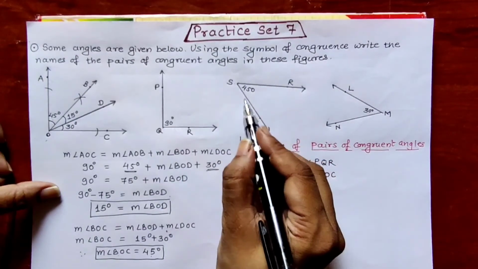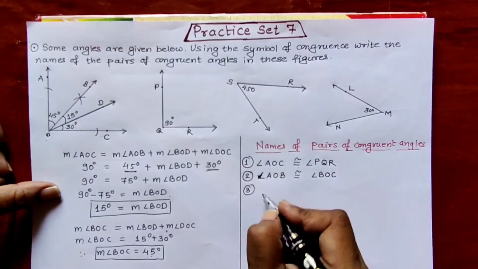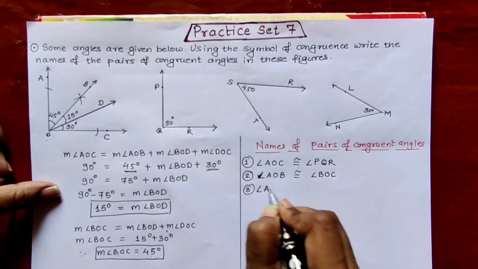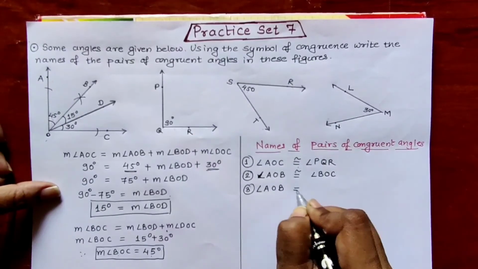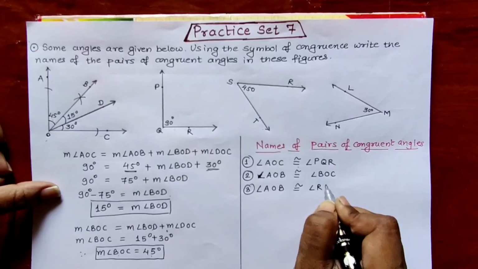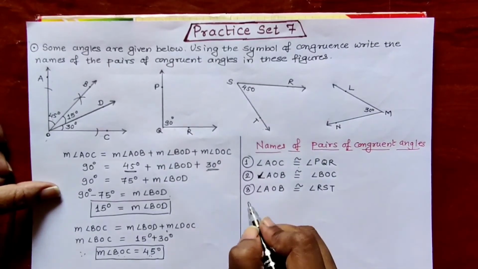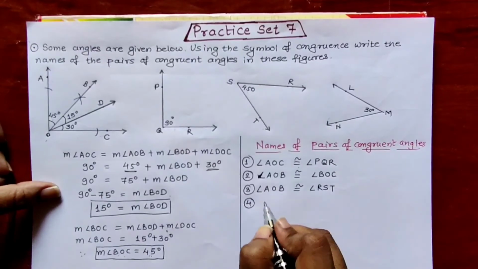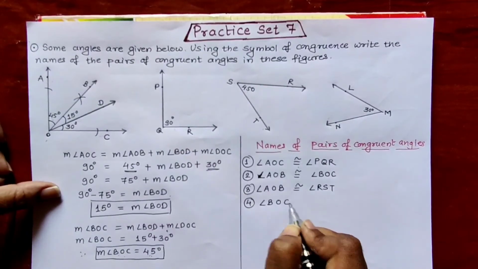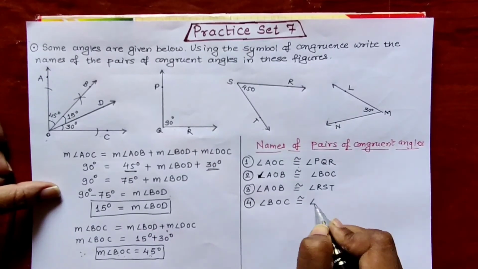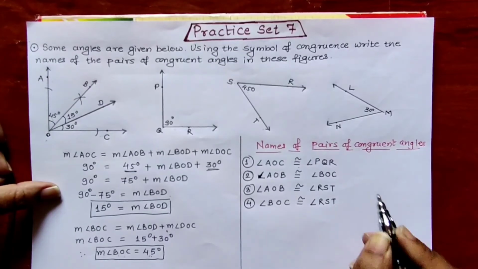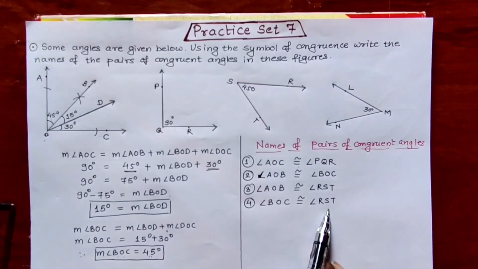We can see here angle RST is 45, given in the textbook only. So I write angle AOB is congruent with angle RST. BOC is also 45. So the fourth pair we can write: angle BOC is congruent with angle RST. RST and BOC both are 45.